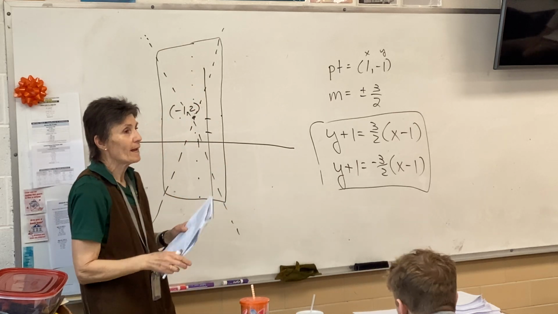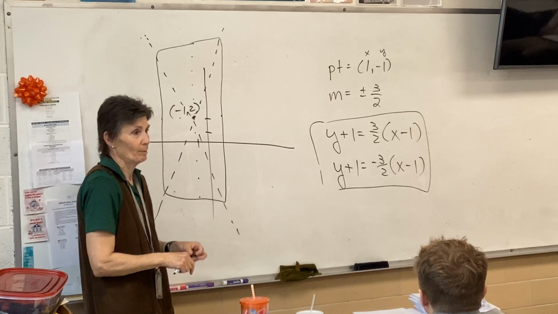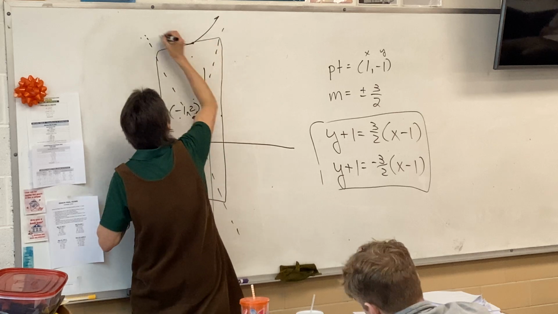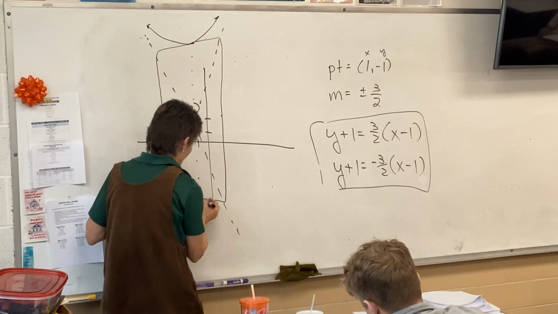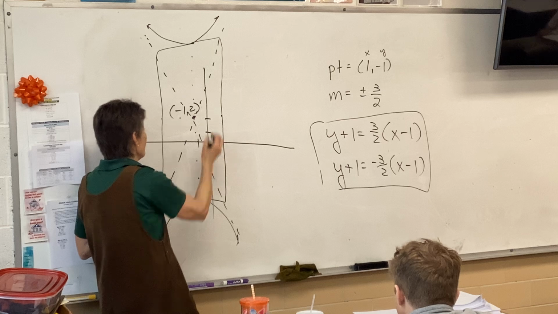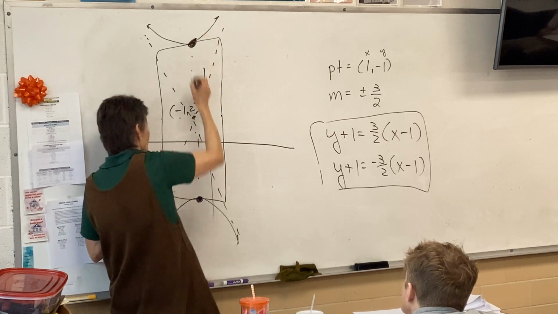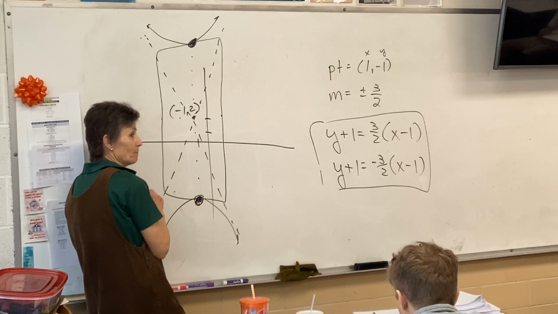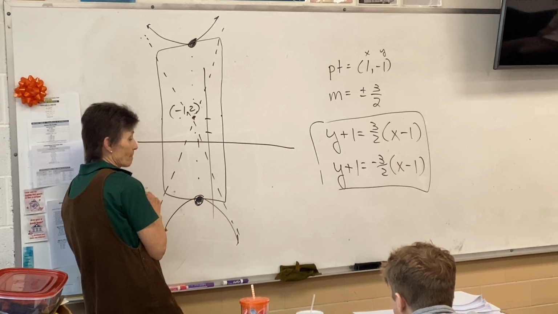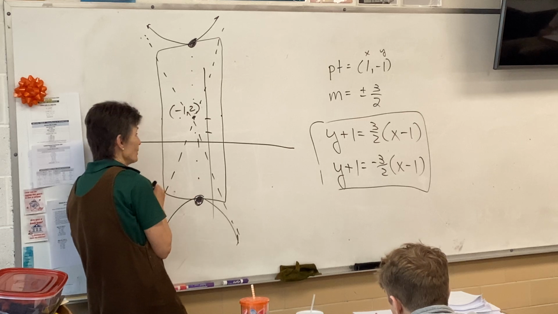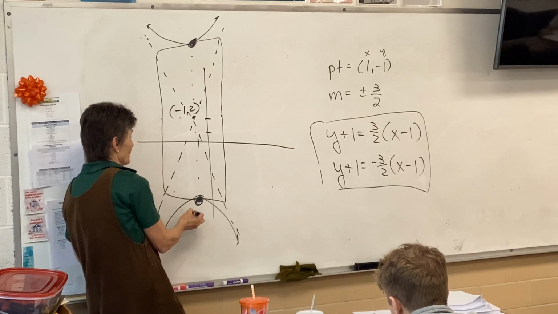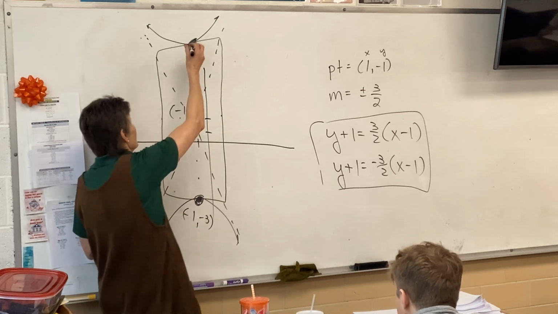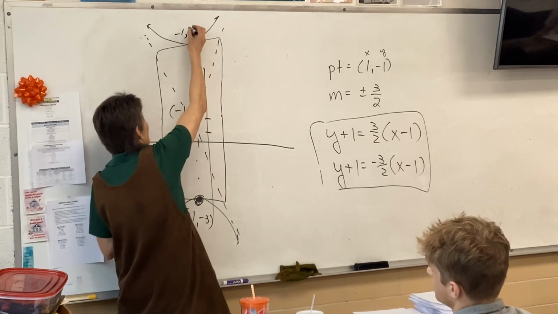And which way did you open your hyperbola? Up and down. Were you able to figure out these two big black points? Those are your vertices. What are the coordinates? Negative 1, negative 3, and negative 1, 7.